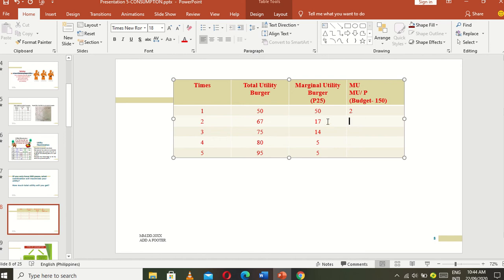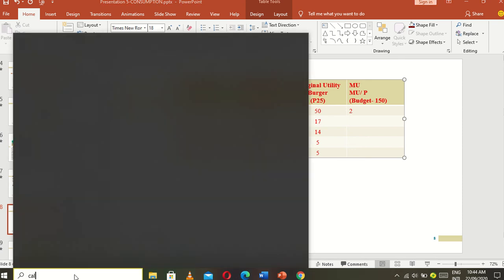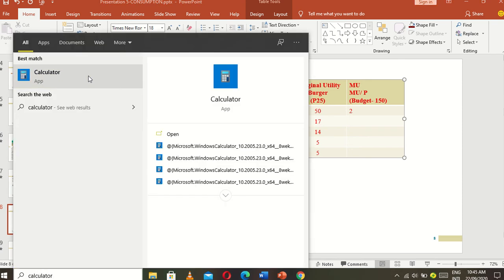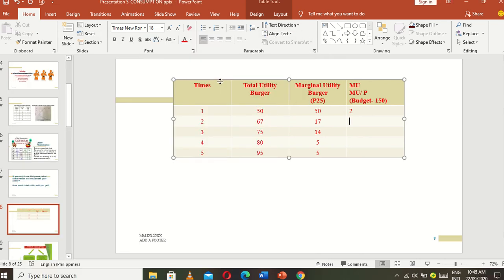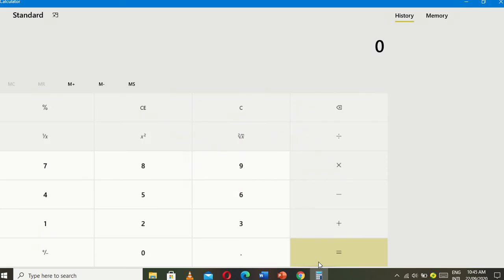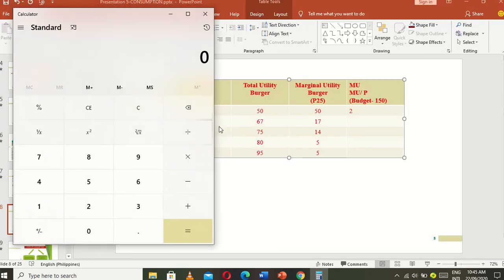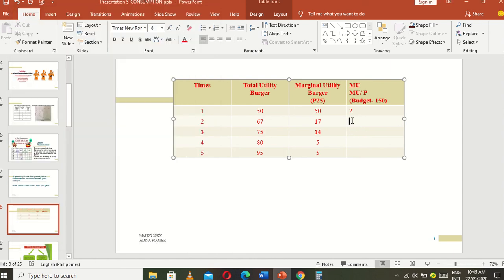Marginal utility 17 divided by 25, because that's the price. For economics, kindly prepare your scientific calculator. So 17 divided by 25 is 0.68.